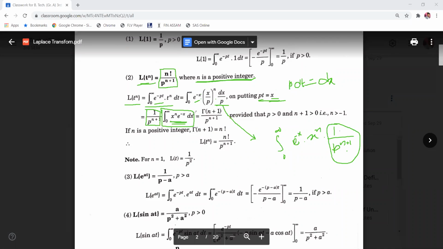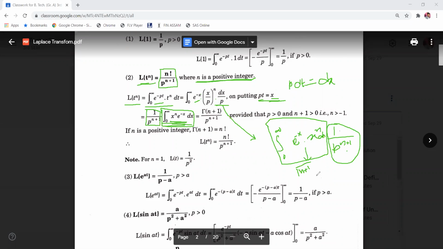The value of this integration, that is dx here, is nothing but gamma n plus 1.